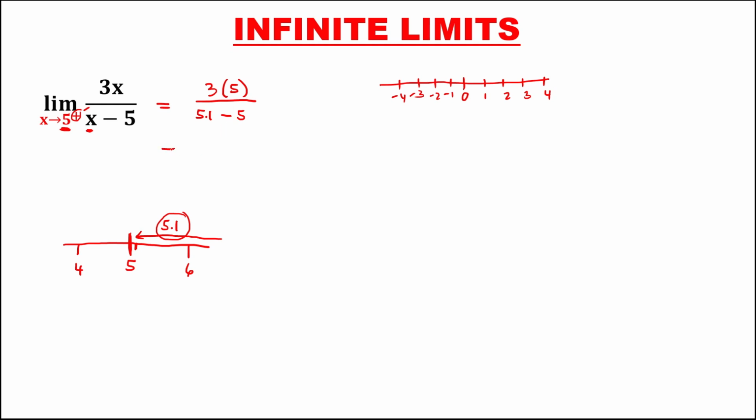Then this time, we need to take the sign. If we have 3 times 5, this one is positive 15. So just take the sign, that's positive. Then over this denominator, positive 5.1 minus 5.